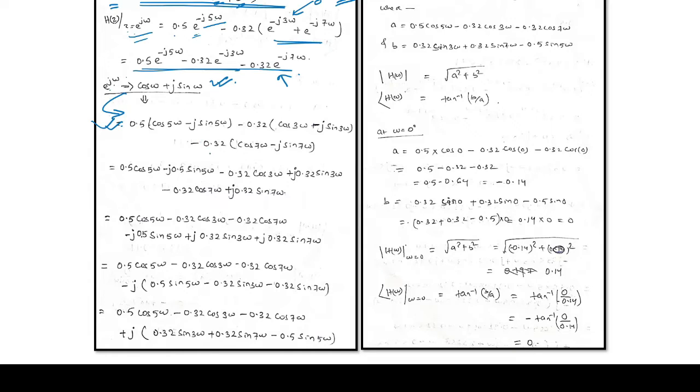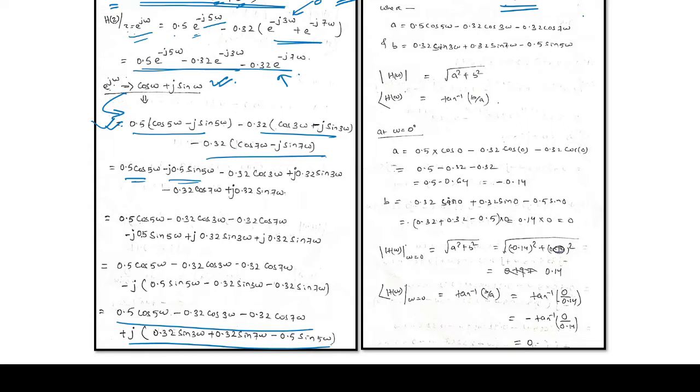Now you open up all the things, and you will get some real components and some complex components. You bring them together, and it is in the form of a plus jb.